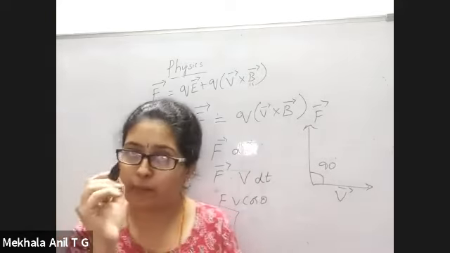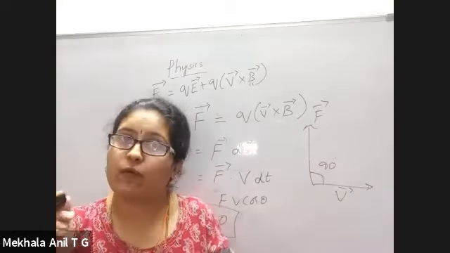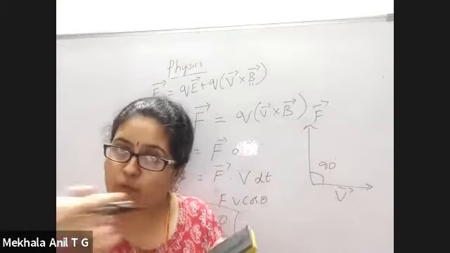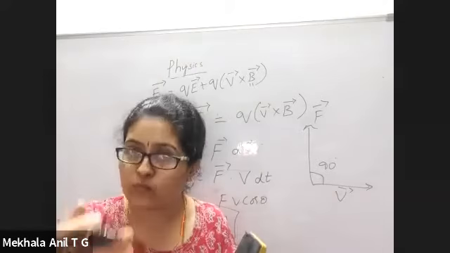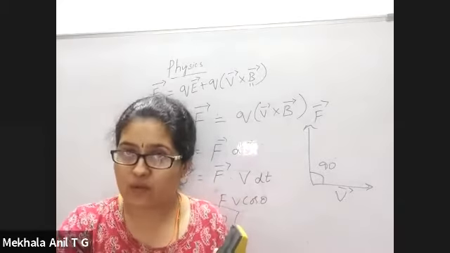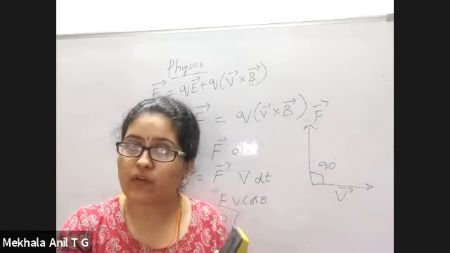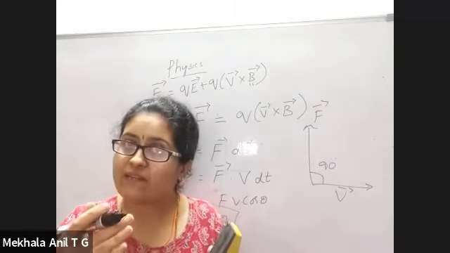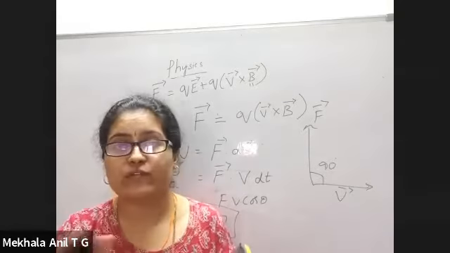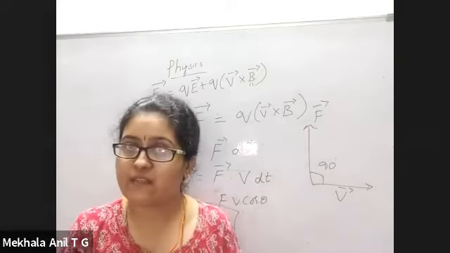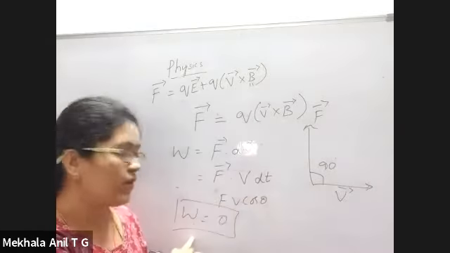If a proton is moving in a magnetic field, obviously the magnetic force will act on the proton. It will just change the direction, but the magnitude of the velocity is not changed. So that is the important inference of this.